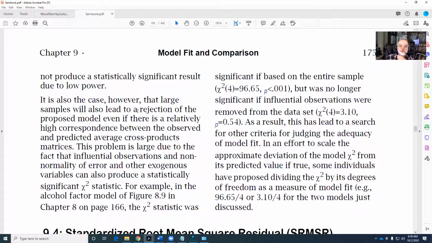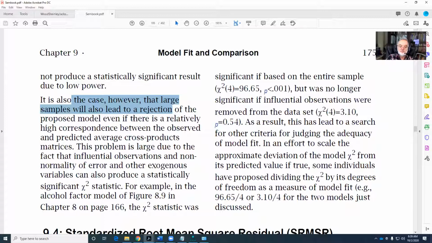This does not necessarily mean that you have successfully captured everything in the data. On the other hand, large samples are also going to result in you finding statistically significant chi-squares. First of all, part of this is due to the fact that that test is telling you the odds that your data could have occurred given the null hypothesis and all the other assumptions of the model.